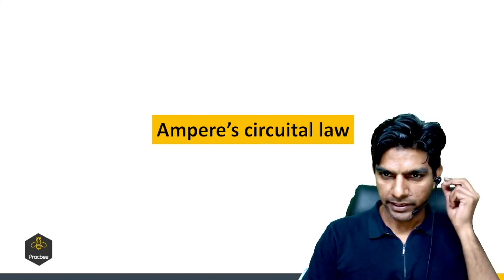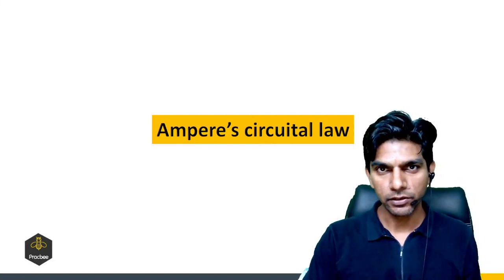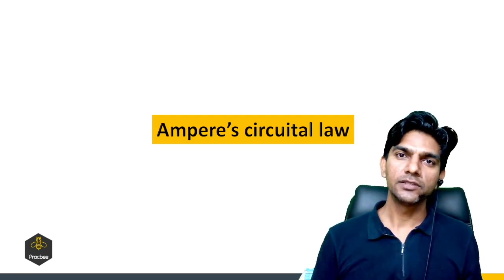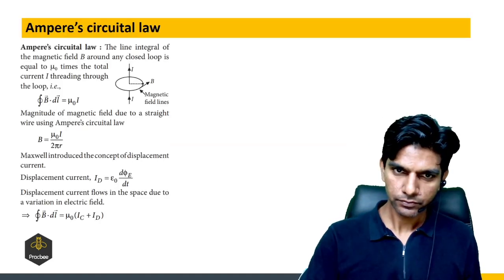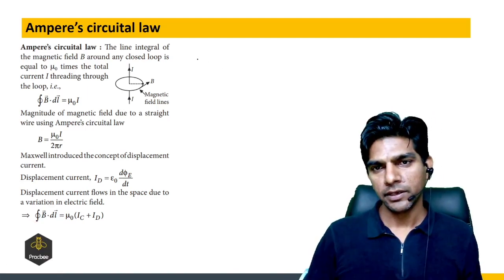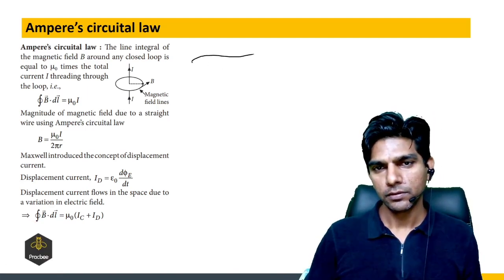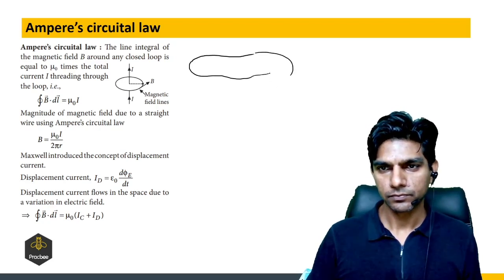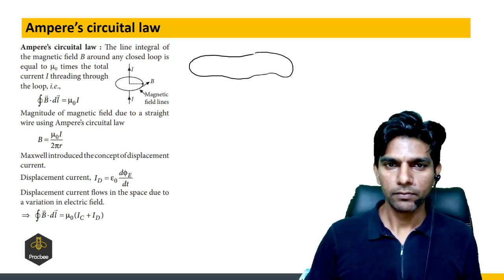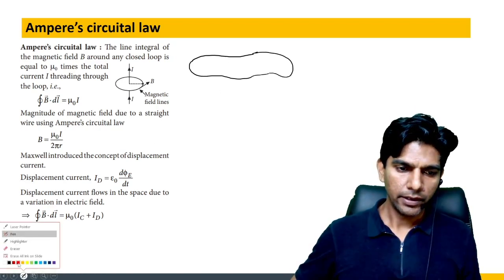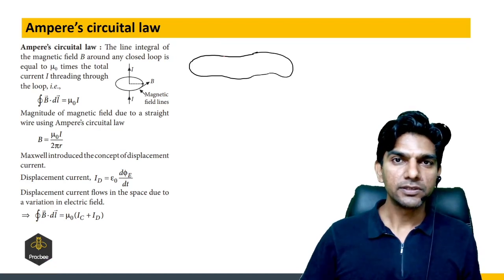Okay, right. So the next concept is Ampere's circuital law, and we use this law to find the magnetic field for a symmetrical current distribution. So let us say we are given a loop, an imaginary circular loop. And there are multiple currents piercing this circular loop.